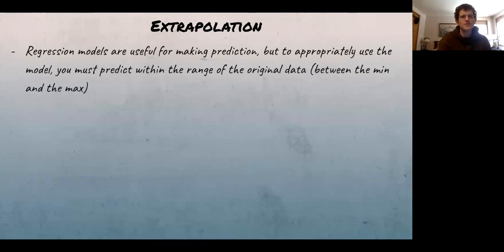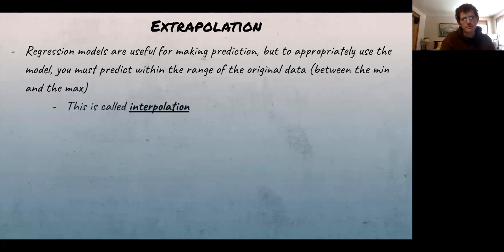Okay, extrapolation. And this is one you might have been familiar with even outside of this class. So regression models are really useful for making predictions, but there's an appropriate way of using them. And that is whatever your original data range was, it's most appropriate to use the model for prediction only within that range.